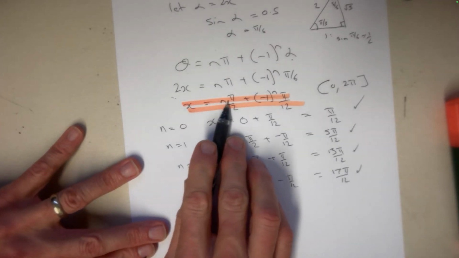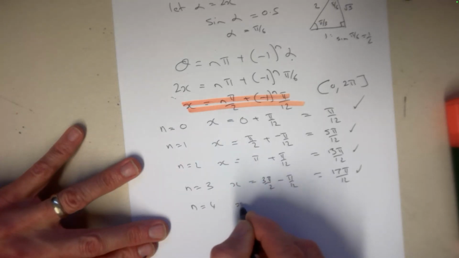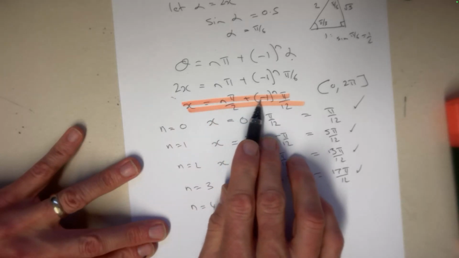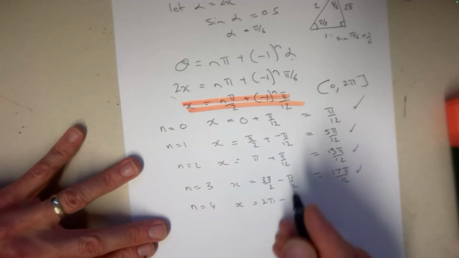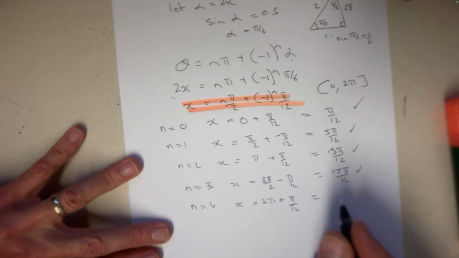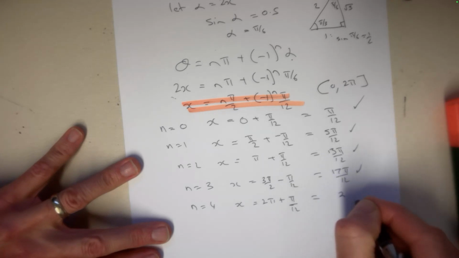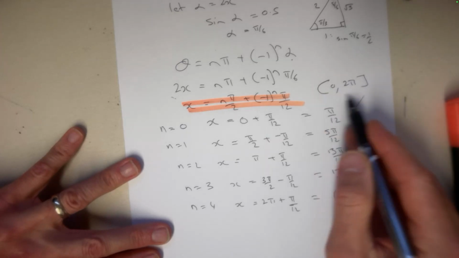That becomes 4 over 2, which is 2, so that gives you 2 pi. Now, negative 1 to the power of 4, an even number, is positive, so that's plus pi over 12. Let's take a common factor here, it's 2 and 1/12 pi. So that obviously is more, so that's not a solution in that range.